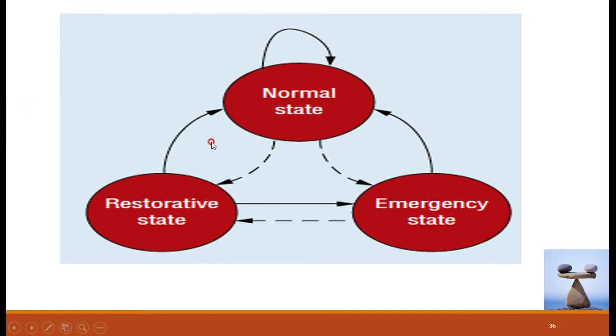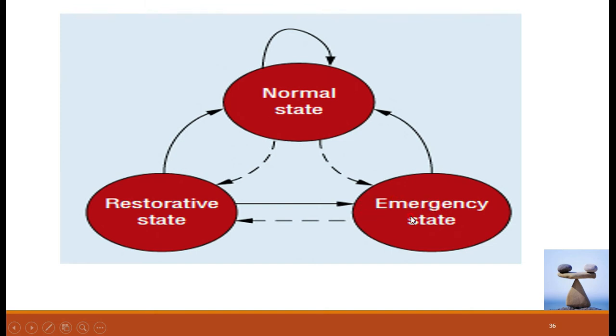The normal state means steady state conditions, where the system parameters are constant. In the emergency state, due to large disturbances, the normal state moves into the emergency state.